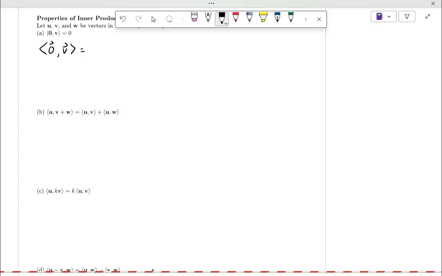Make the 0 look different. How might we make it look different? Yeah, 0 plus 0, right? We've done that technique before, because what does that allow us to do now?